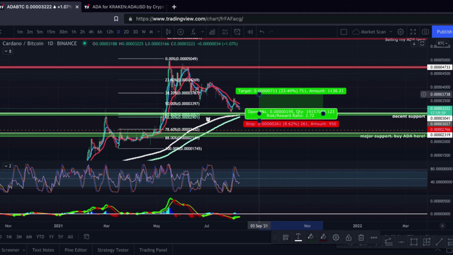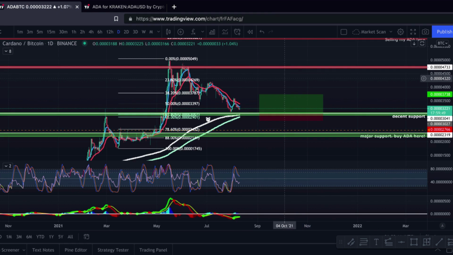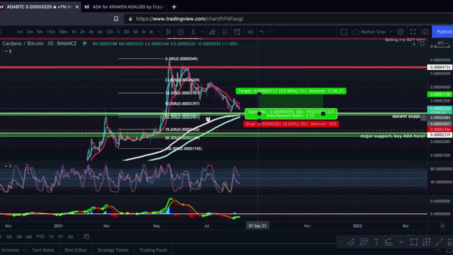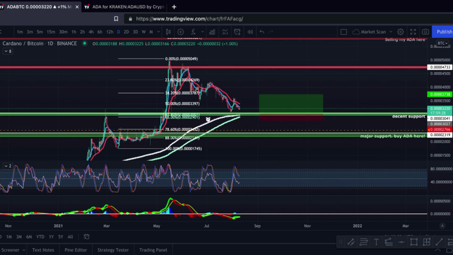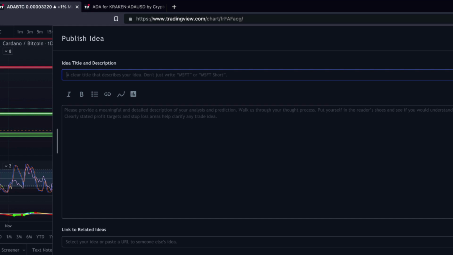And then you could go boom, boom, up here to up here. I feel like that would work, to be honest, because this could come down just a little bit to be oversold again, and that would create a really good setup. All right, I'm gonna put this on, ADA.